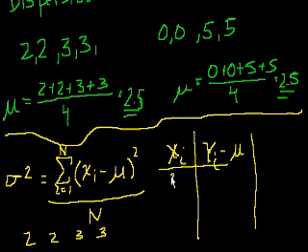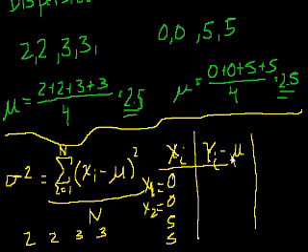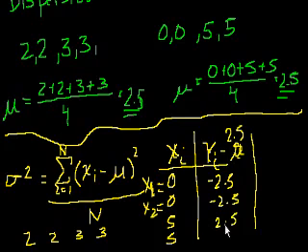So x sub i: there's a 0, there's a 0, there's a 5, and a 5. This is the first term, x sub 1, this is x sub 2, and so forth. And then each of these numbers minus the mean, which is 2.5: 0 minus 2.5 is minus 2.5, 0 minus 2.5 is minus 2.5, 5 minus 2.5 is 2.5, 5 minus 2.5 is 2.5.